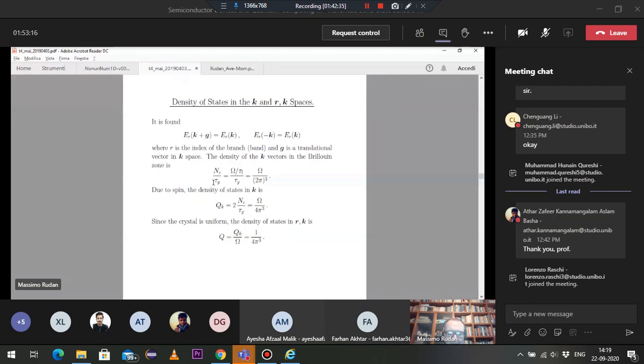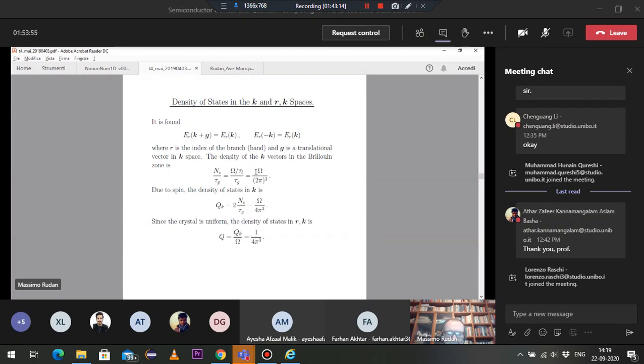On the other hand, the total number of cells of the direct lattice is equal to omega, the volume of the direct lattice, divided by the volume of the elementary cell of the direct lattice, that is tau L. So NC is equal to omega divided by tau L. On the other hand, you remember we already made this calculation: tau L times tau G is 2 pi to the 3rd power.